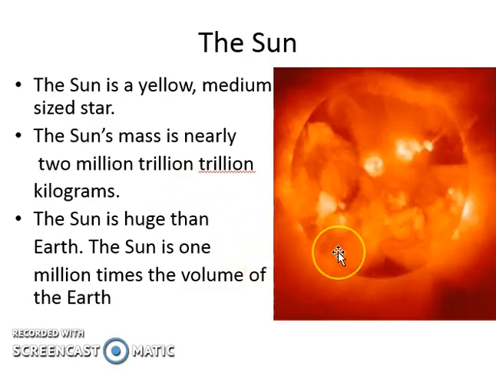If you were to fit the Earth in the sun, you would need 1 million times the Earth's volume to fill the sun. Imagine, that is how big our sun is, 1 million times the size of Earth.